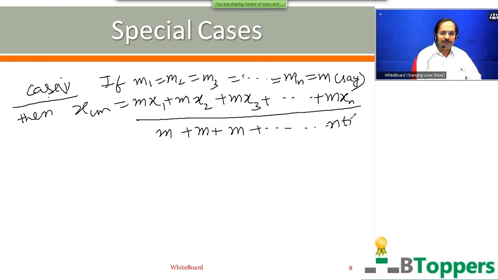That means the same term is repeated n times. So you can take m common here: m into x1 plus x2 plus x3 up to xn, divided by m plus m n times, so m into n.